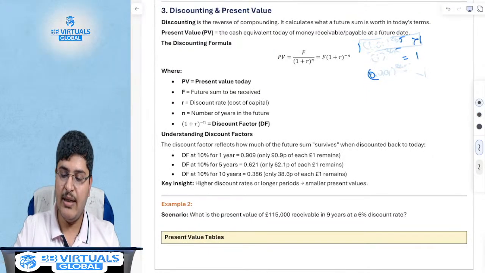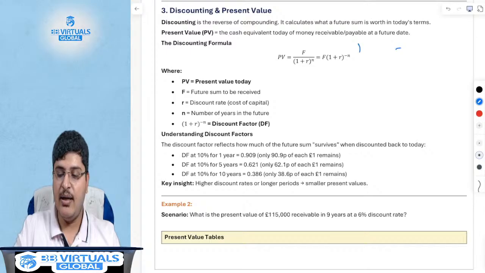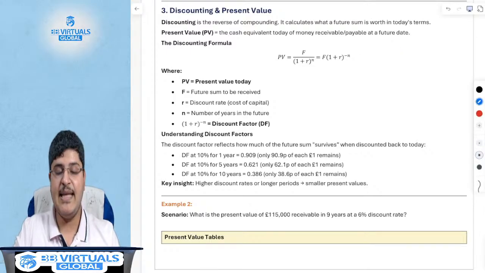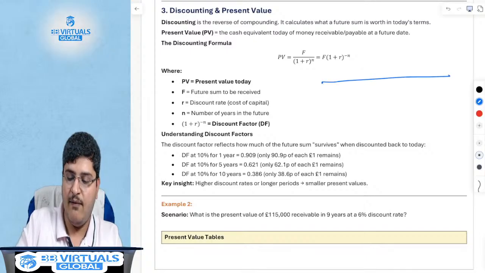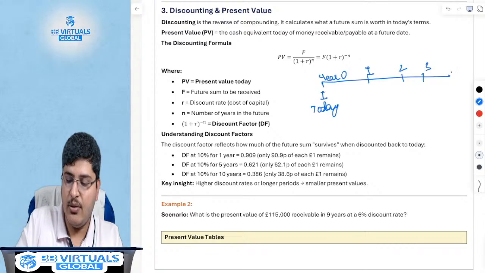Let us talk about the next concept, which is discounting. Discounting is exactly opposite to compounding. If I was to make a timeline where I say here is where you are today, which is year 0. Today, this is you today. You in 1 year, you in 2 years, 3 years, 4 years and 5 years.